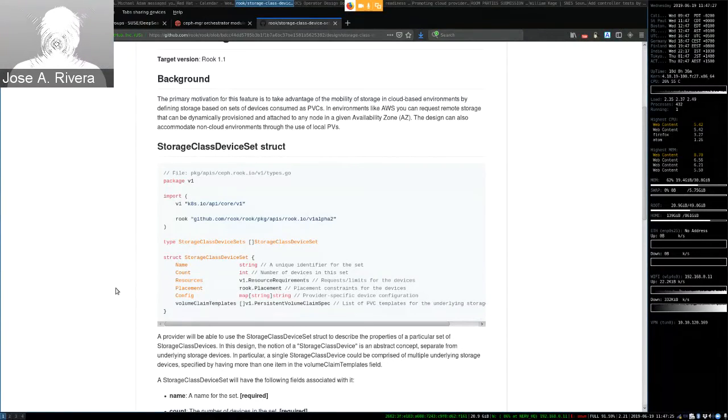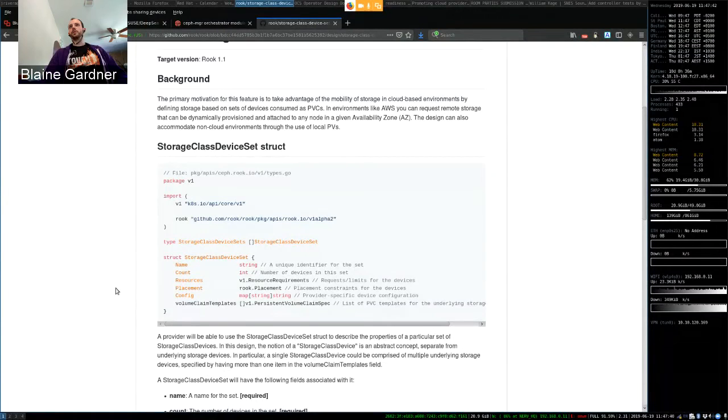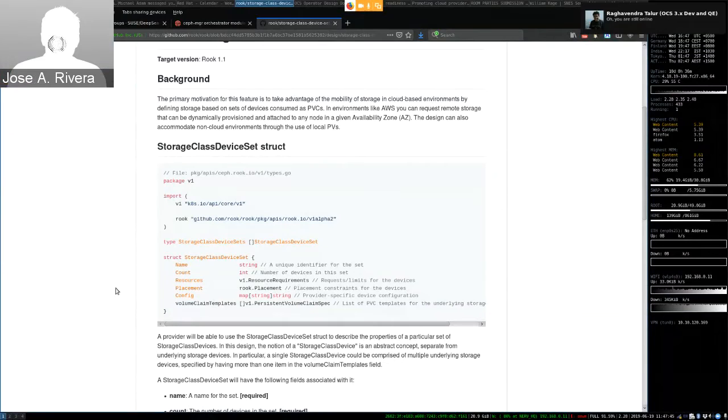The next one, preferred during scheduling but ignored during runtime, required during scheduling but ignored during runtime, and required during scheduling and required at runtime. Right, and I think you would want preferred during scheduling, ignored during runtime. Yes, and I believe that is, if I remember correctly reading this somewhere, the only mode supported for pod anti-affinity.